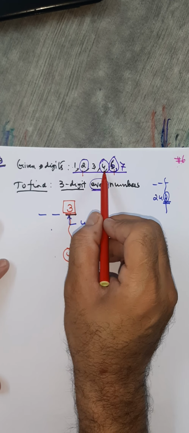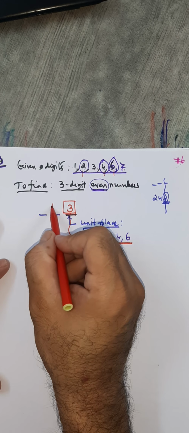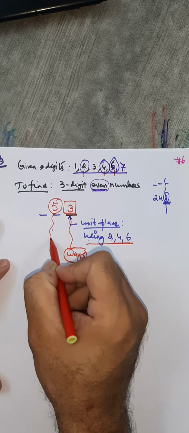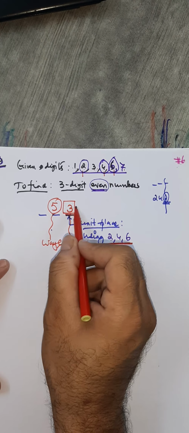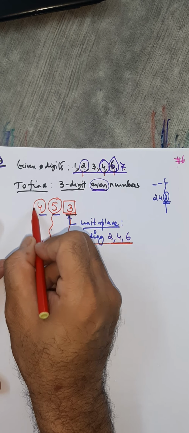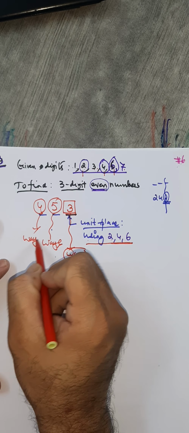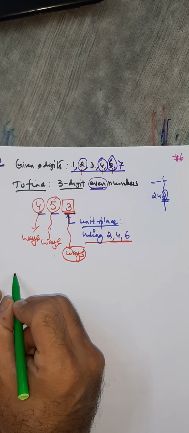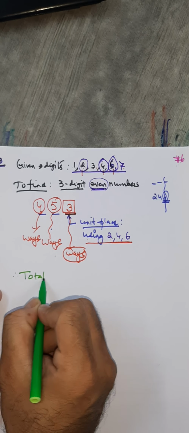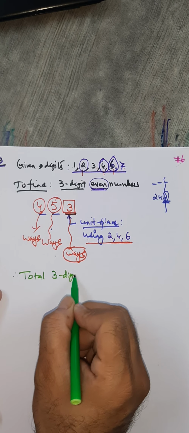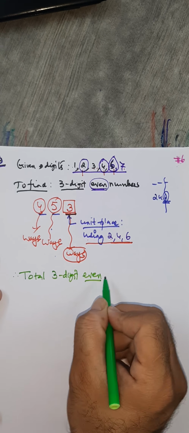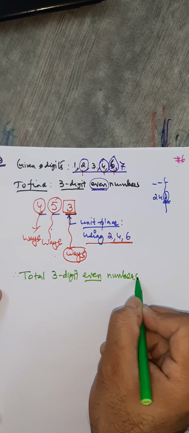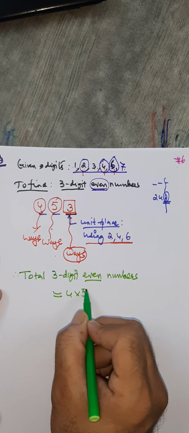इसमें से एक चला गया, टोटल हाउ मेनी? 6. सो नाउ यहाँ पे कुछ भी हो सकता है. सो दिस कैन बी फिल्ड अप हाउ मेनी वेज? 5 वेज. 2 चला गया, टोटल 6 है, तो दिस कैन बी फिल्ड अप हाउ मेनी वेज? 4 वेज. कंस्ट्रेंट खाली फर्स्ट में ही था, रिमेंबर. द कंस्ट्रेंट वाज इन विच वन? फर्स्ट वन ओनली. सो बाय काउंटिंग प्रिंसिपल टोटल नंबर ऑफ वेज इज इक्वल्स टू, total 3 digit even numbers, remember, equals to 4 into 5 into 3.